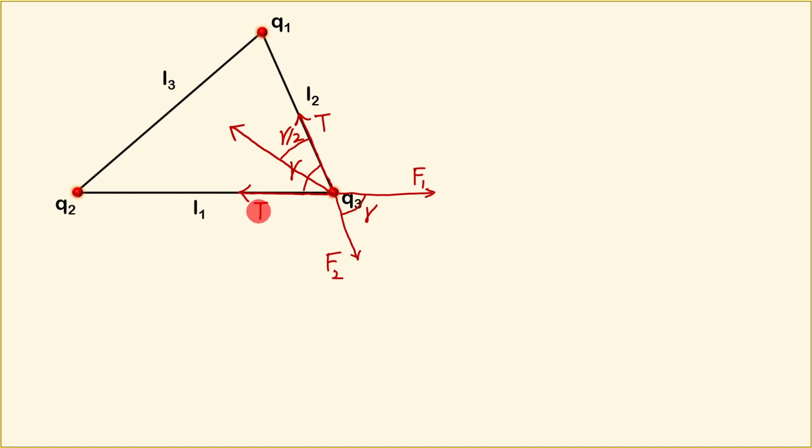Taking the component of one force along this direction gives T cos(gamma/2), and the same for the other tension force. So the net of these two forces will be 2T cos(gamma/2).